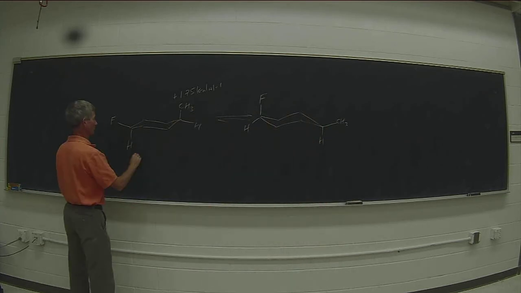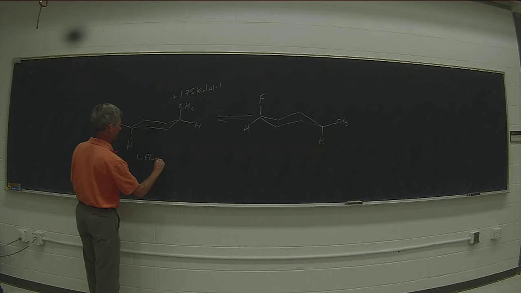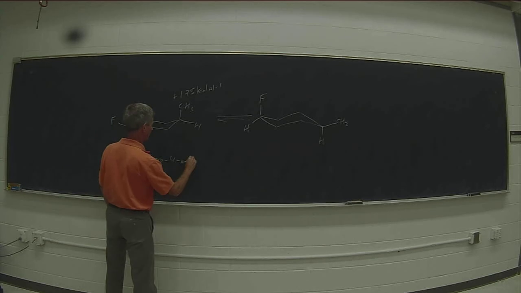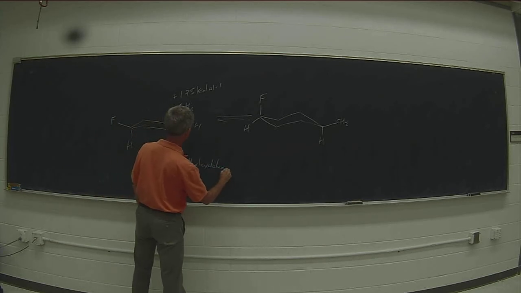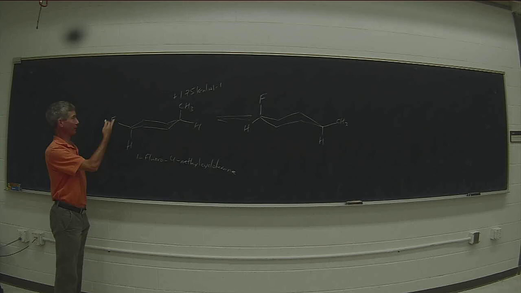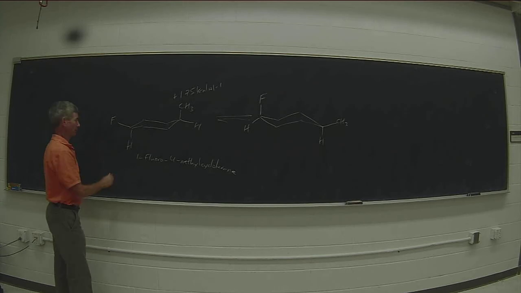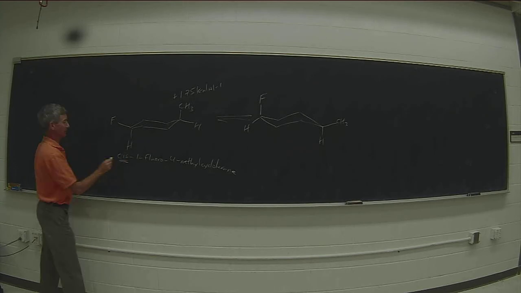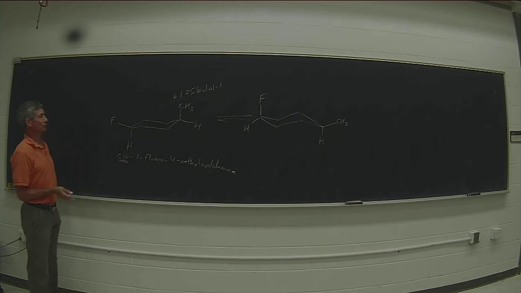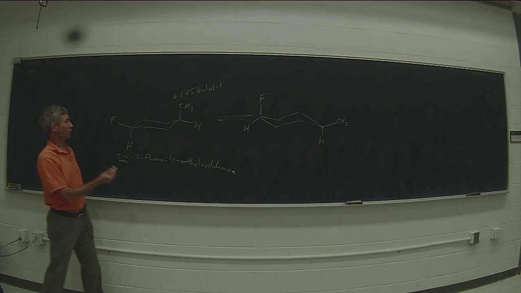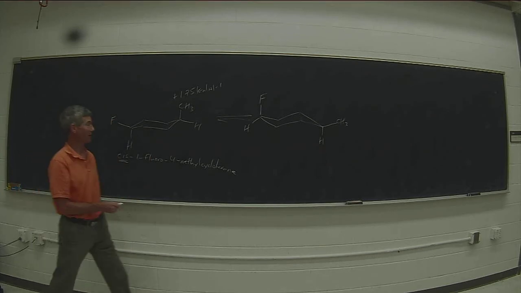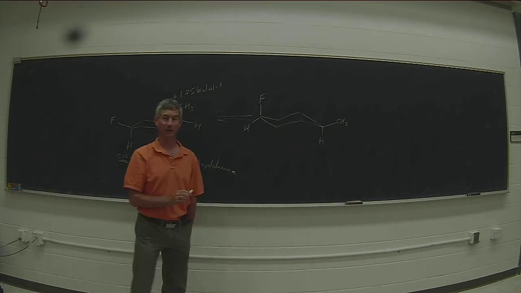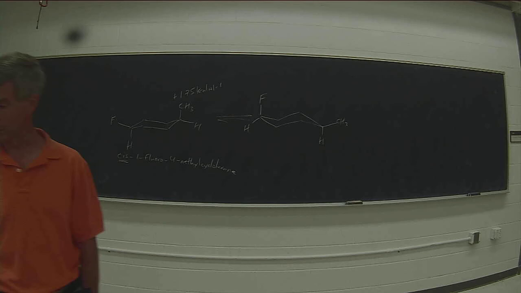In this 1,4-fluoro-methyl cyclohexane, where both the fluoride and the methyl group are on the top face, giving us a cis arrangement, there are two possible chair conformations, one of which has the methyl group in the axial position and the fluoride in the equatorial position, and the other which has the fluoride in the axial position and the methyl group in the equatorial position.